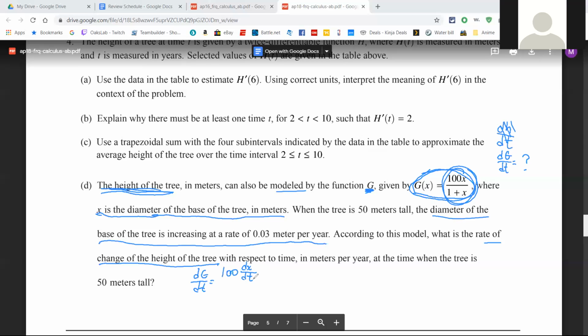So that's u prime v, I'm just going to copy the bottom, minus v prime, which is 1. But once again, don't forget, you took the derivative of x with respect to time. That's v prime times u, which is the top only, exactly as it is, all over the bottom squared.